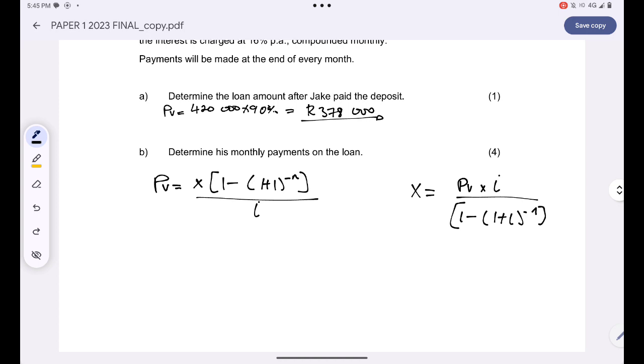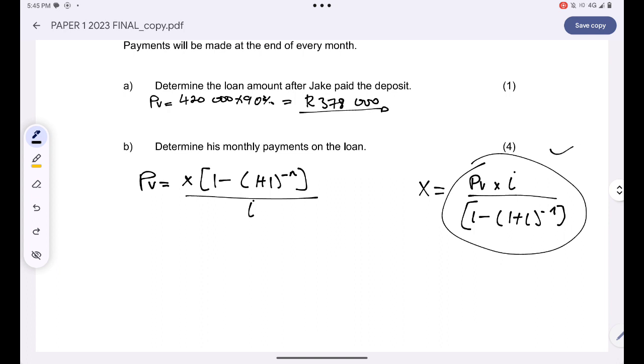This is how I can find my installment. But obviously, I will never use this formula as is, because I must substitute the values. There are marks for that.